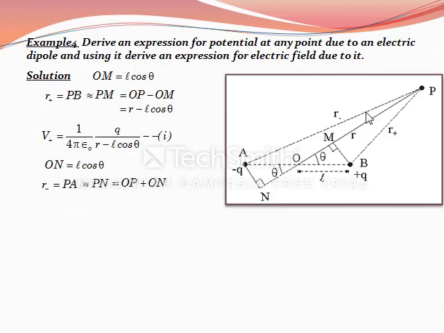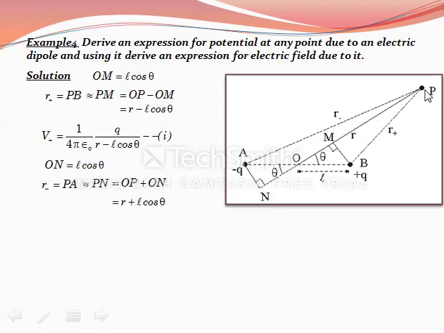Now put the values. PO is r and this is L cos theta. So it becomes over here r plus L cos theta. So the distance of this point P from this negative charge is r plus L cos theta.